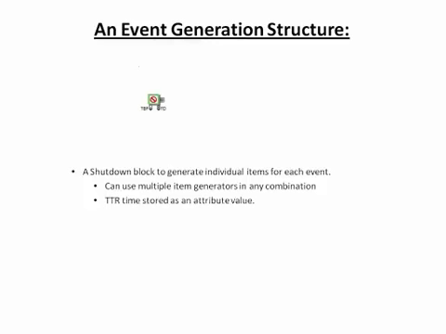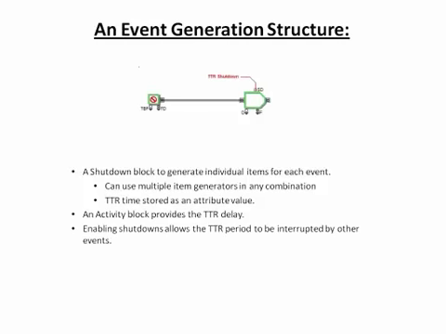In all these cases, we store the time to repair, the time it will take to recover from this event, as an attribute on the item, and feed the item into an activity block. By enabling the shutdown connector on that activity block, we can put in signals that say, this repair can't happen.